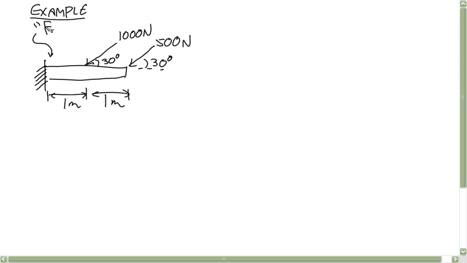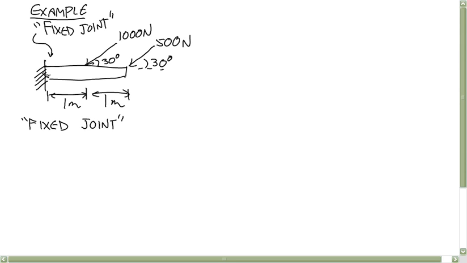And this joint is called a fixed joint. A fixed joint doesn't allow any translations, right? I mean, you try to move this thing to the left or the right or up or down, and it won't do it. And it doesn't allow any rotations. So it makes sense that in order to prevent translations, you're going to need to apply force components.